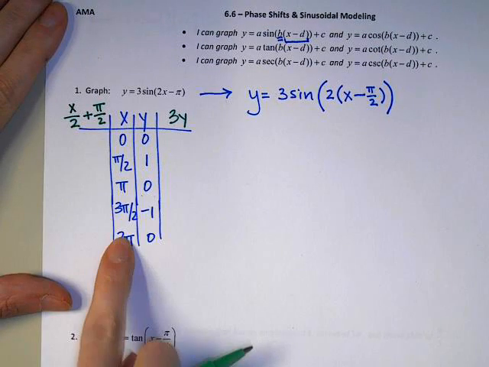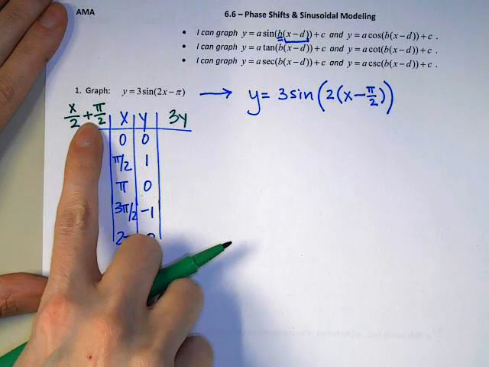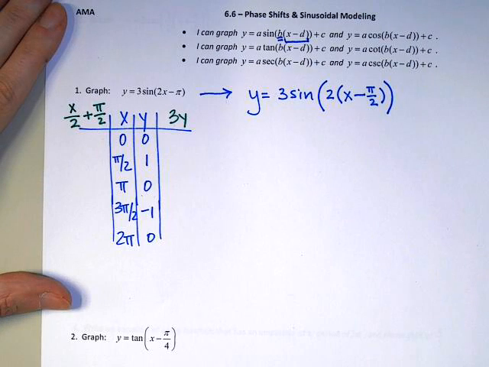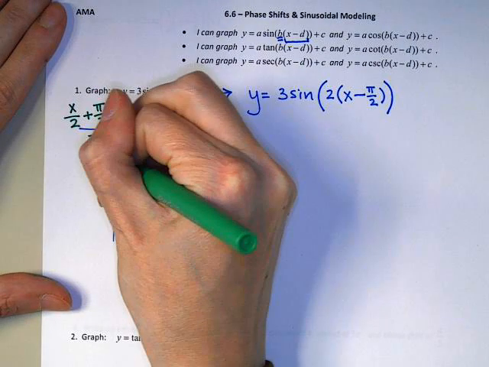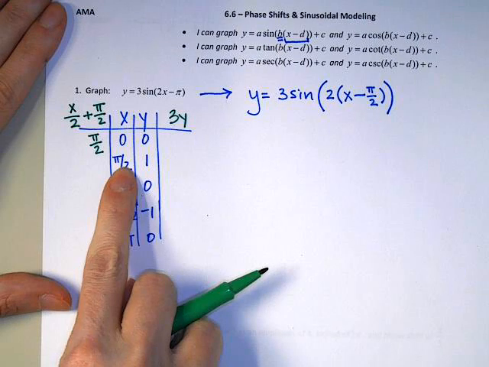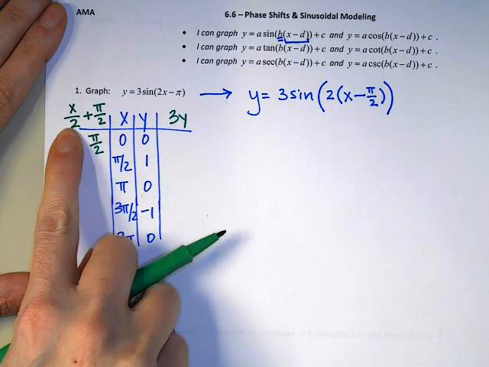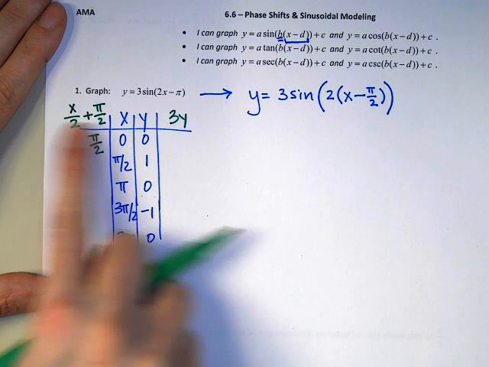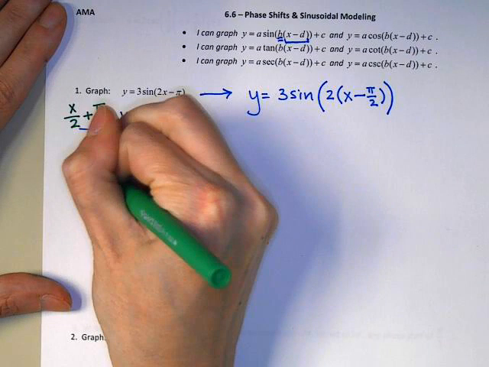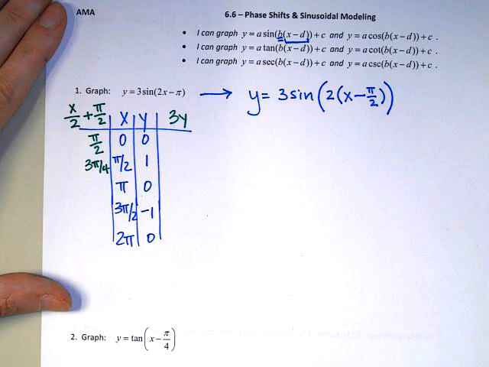All right, so let's do that. So all the x's, we're dividing by 2 and adding pi over 2. So this one would just be pi over 2. This one, pi over 2 divided by 2 is pi over 4. Plus pi over 2 is 3 pi over 4.